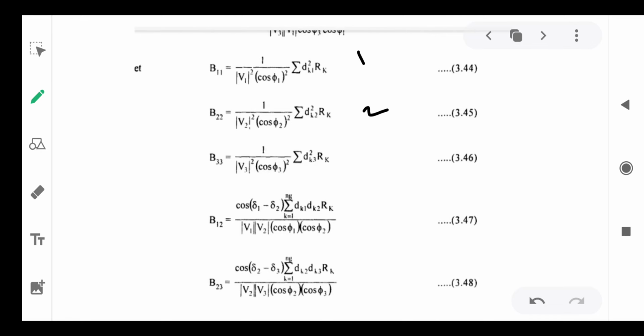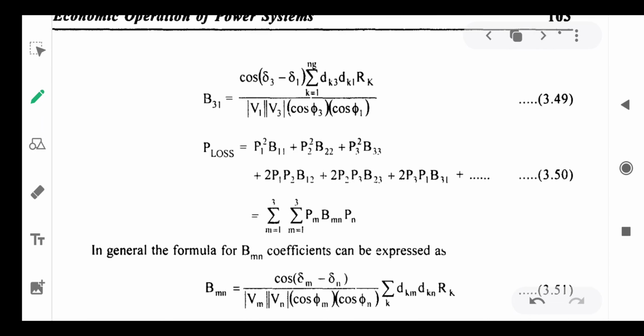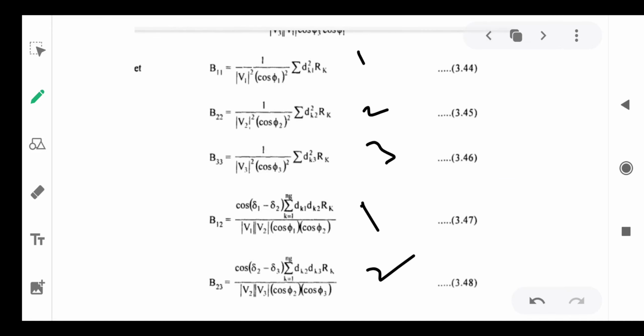So you get the expression for B11: 1 by V1 square, where V1 is equal to mod V1, into cos phi 1 square, into sigma dk1 square Rk.